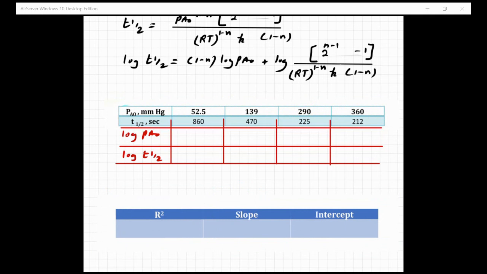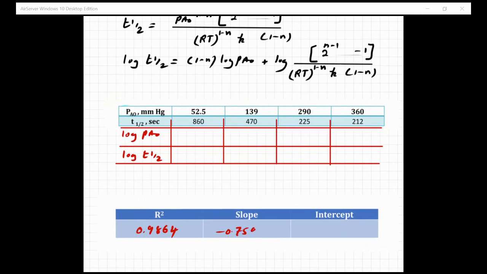R squared is 0.986. Let me just check my R squared. I got 0.9864. And the slope is minus 0.7579, I got 0.7595, my value.